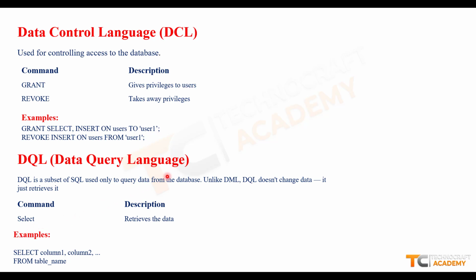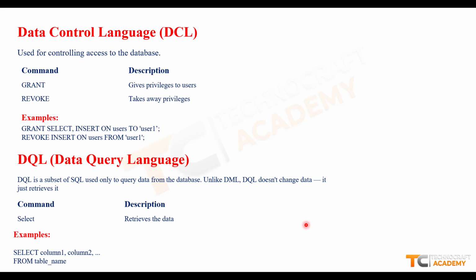This is used for fetching the data from the databases. It does not change anything in the existing data. It is just used to get the data into our environment. Okay, we have already seen a lot of SQL command examples. So this is all about the different types of SQL commands.